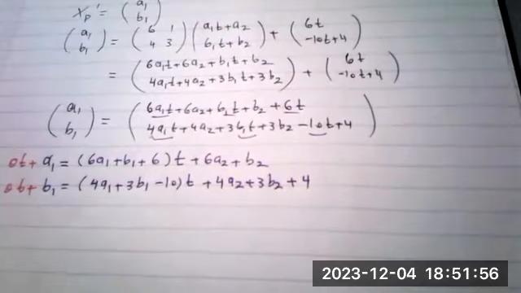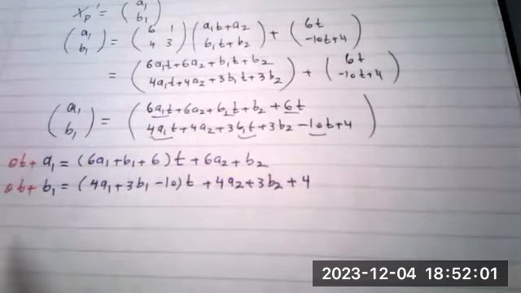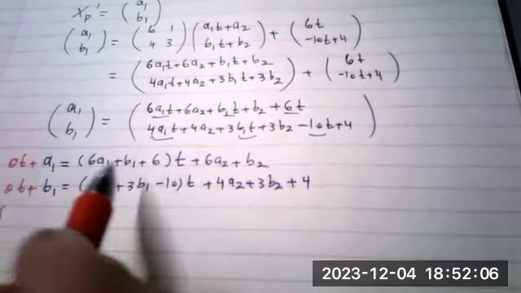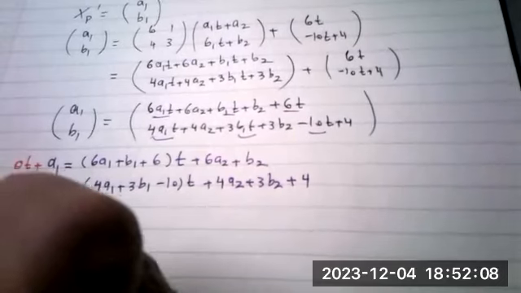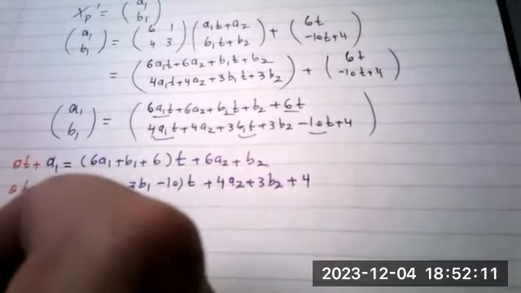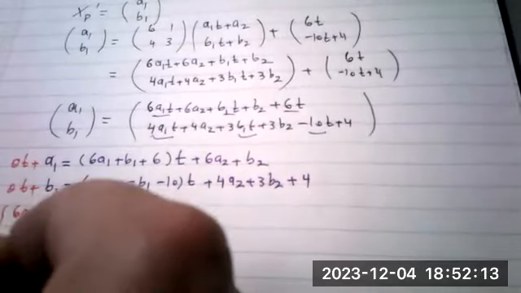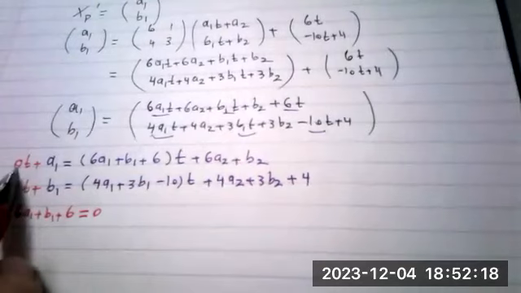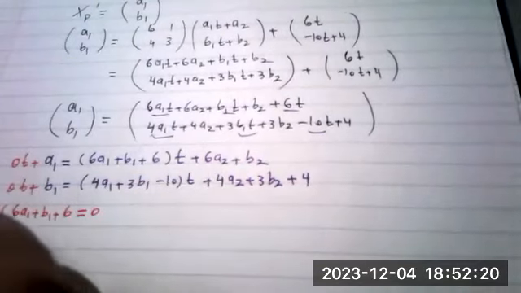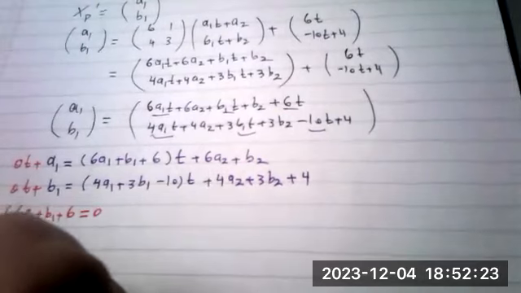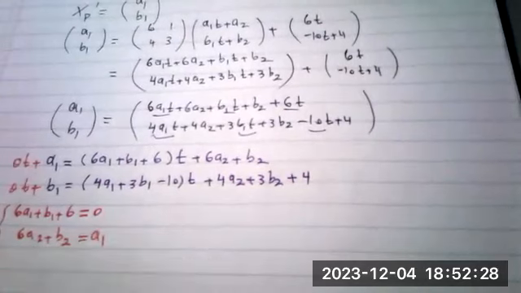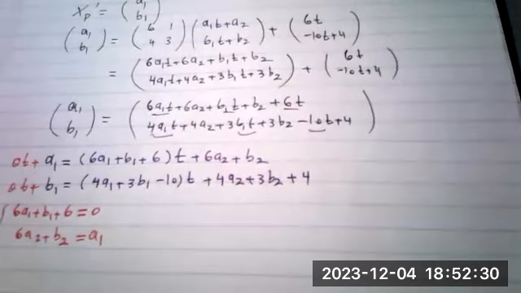Okay, so let the corresponding components be equal to each other. From the first part, this is what we get. The coefficient of t is 6A1 plus B1 plus 6. This would be equal to 0 because of the 0t. And the second one is going to be 6A2 plus B2 is equal to the A1. This is from the first part.